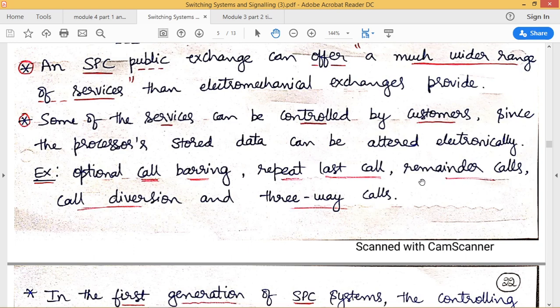If I am placing a reminder call, that data will be stored inside this SPC public exchange. We also know what call diversion is, and three-way calls, which are nothing but conference calls. At a time, three or more persons can talk to each other. All those services are made possible with the invention of the Stored Program Control public exchange, the SPC exchange.